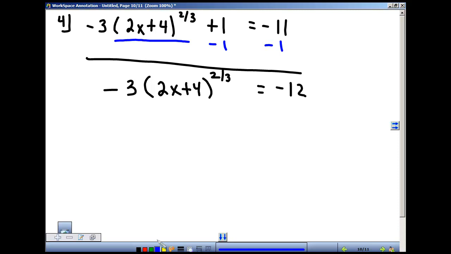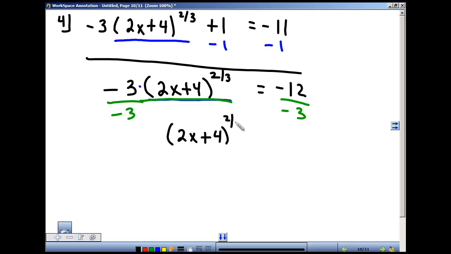I still do not have this expression isolated because there's a negative 3 multiplied to it. So we need to divide both sides by negative 3. This leaves 2x plus 4 raised to the 2/3 power is equal to 4.